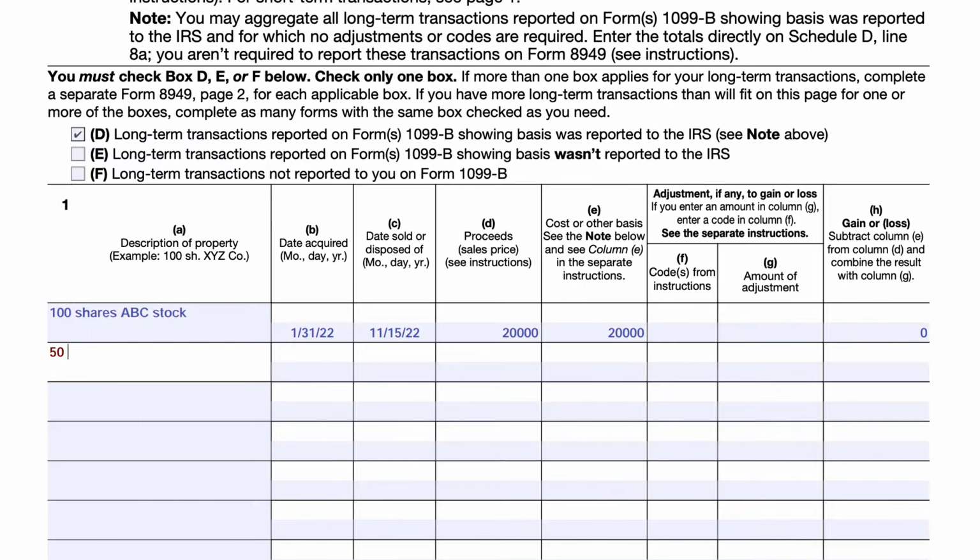So if you had 50 shares of PDQ stock and you bought that in 2020, and you received $5,000, but you paid $15,000, then you would have a negative $10,000.